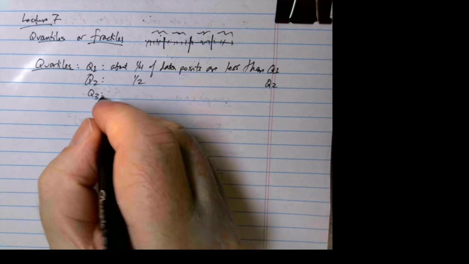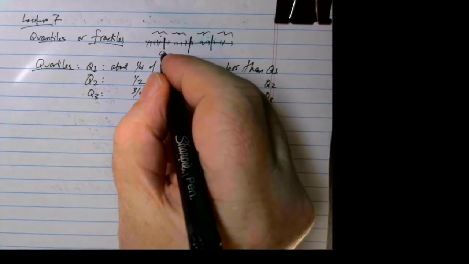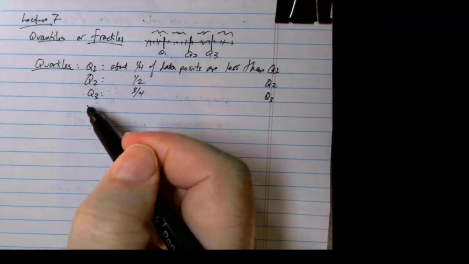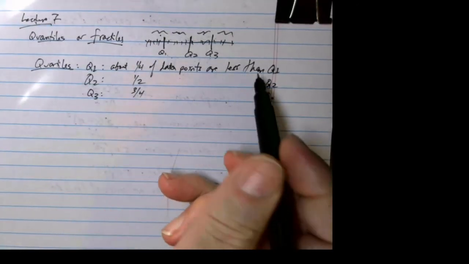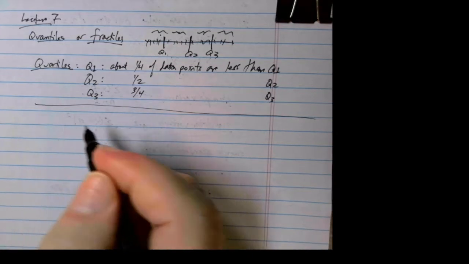And for Q3, about 3/4 of the data points are less than Q3. So in this picture, this would be Q1, Q2, Q3. Notice that you only need 3 quartiles to split a list into 4 pieces. You only need 3 split points to get 4 pieces. And the quartiles are the numbers that do the splitting.